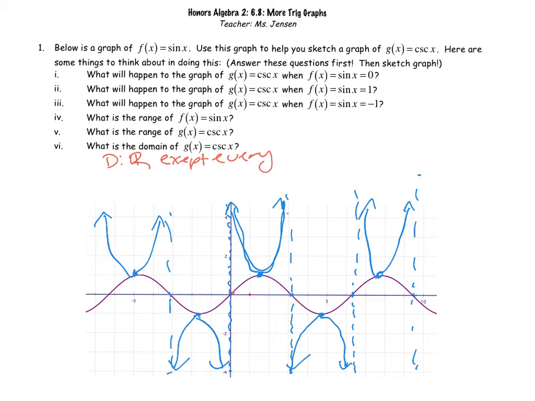Because that's how often cosecant will be undefined. Well, that's every k pi. And the range, notice it's, instead of being between -1 and 1, it's the opposite of that. So the range will be -infinity to -1 inclusive, union 1 inclusive to infinity. So that is your cosecant graph.